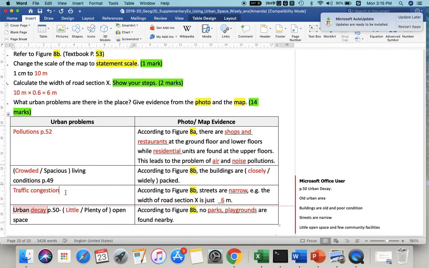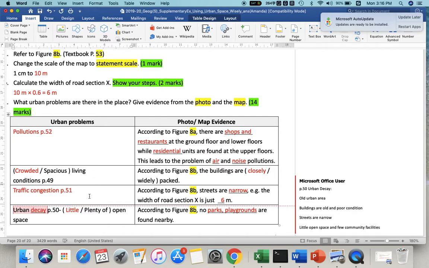And for the traffic congestions, for the more detailed information of it, okay, just a very quick revision in this chart, you can refer back to page 51 on your textbook. So one kind reminder here, whenever you see the keywords of the urban problems, always give back the keywords of the subtitles from page 49 to page 53, such as on page 49, crowded living conditions, page 50, urban decay, page 51, traffic congestions, and page 52, the pollution.